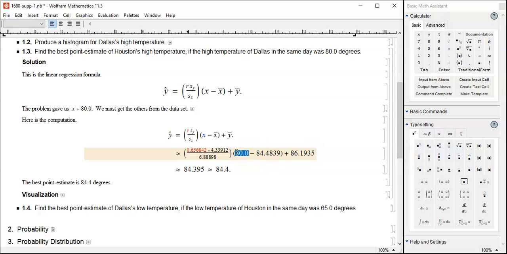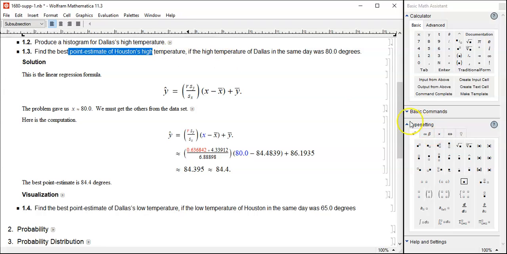Dallas high is 80, okay, all right, that's your x. And R is given as 0.636 something. The problem gave you that. How about the other four? You have to make appropriate judgment here. X is Dallas because that's known. We know X, so X is Dallas. And we don't know Houston. So this is estimation.